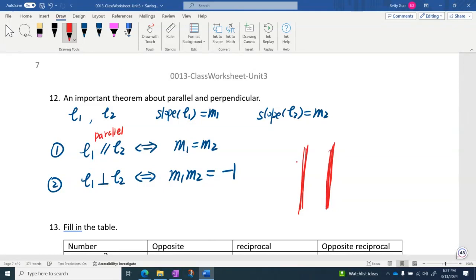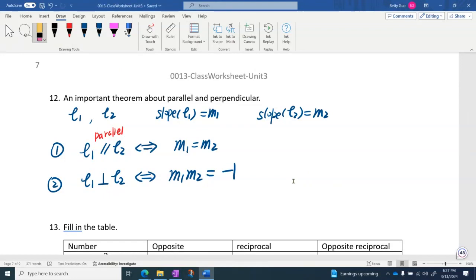Those two lines must be parallel, otherwise you crash. Two straight lines are parallel means they never cross.